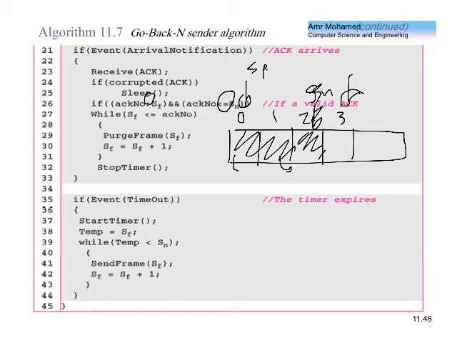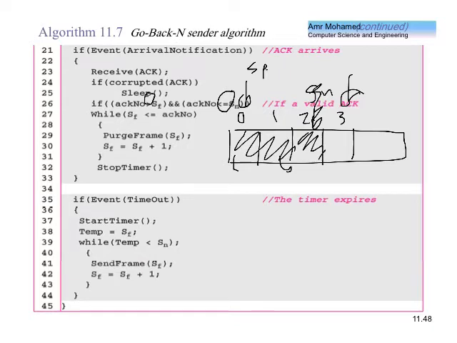So this is what we call accumulative acknowledgement, which means that it acknowledges not only the reception of frame 2, but by default, because I'm sending everything in sequence, this implicitly means if the receiver is telling me it has received frame 2 successfully, it must have received frame 1, and it must have received frame 0. So receiving one acknowledgement can acknowledge multiple frames at a time. That's what we call an accumulative acknowledgement. And this is valid because we always receive things in order.